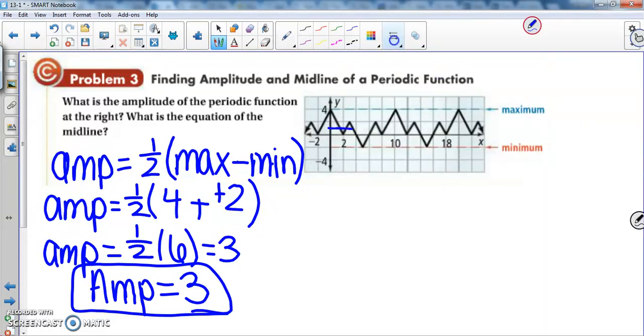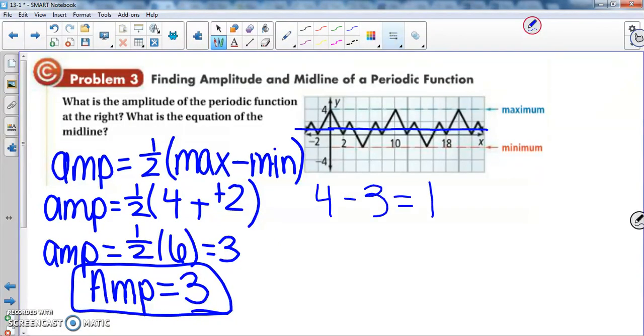So that would be the midline of this graph, a horizontal line, y equals, so the value of that would be 1, because it would be 4 minus the amplitude, which is 3.